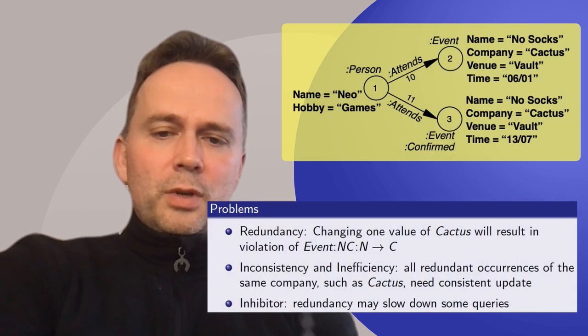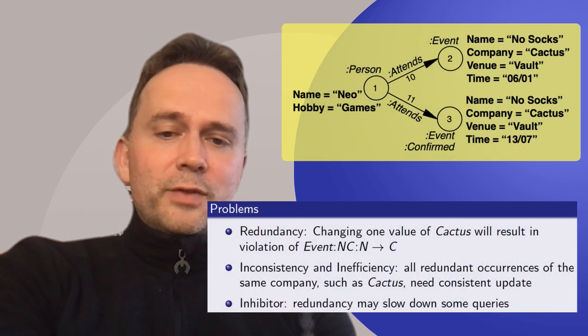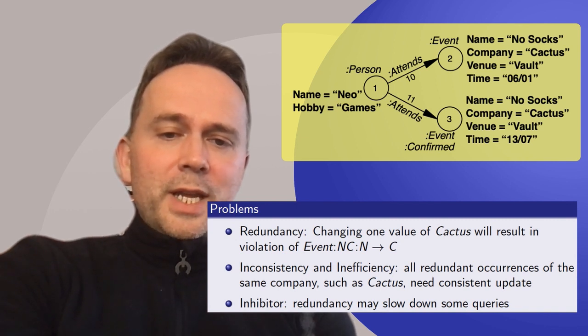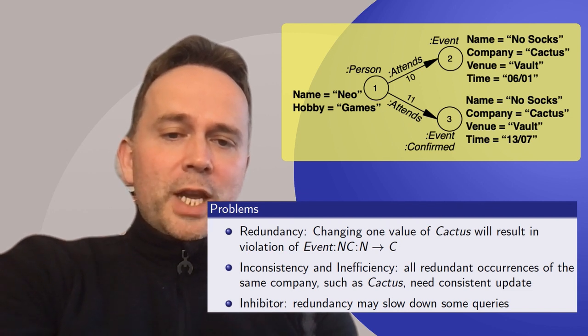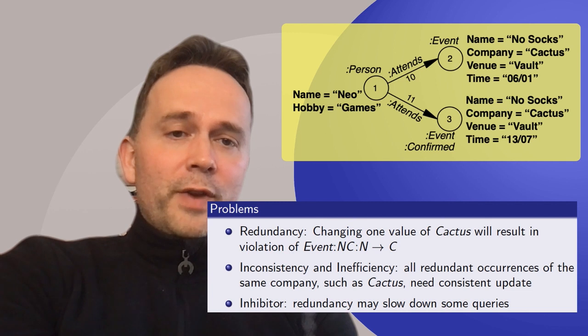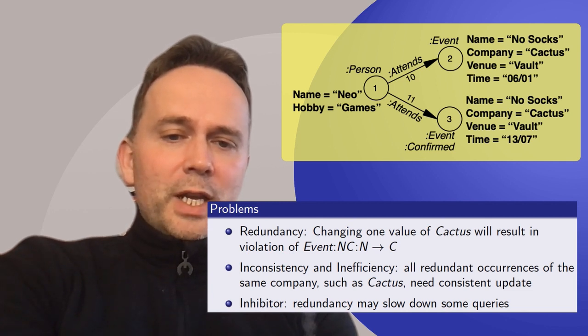This leads to problems with data redundancy for the functional dependency where the name determines the company on all those nodes labeled event and for which the properties name and company actually exist. If we change any single value of cactus in the property graph, that will result in a violation of that constraint.